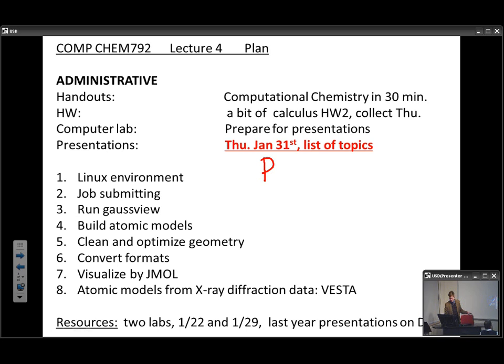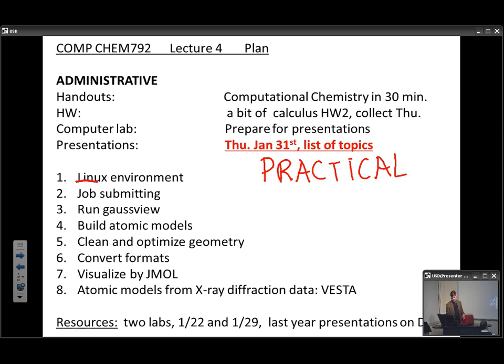A couple of additional words about the practical part. So what we can try doing in the computer lab and what you could report here as short presentations for the next lecture. Those are all very simple alphabetical things.